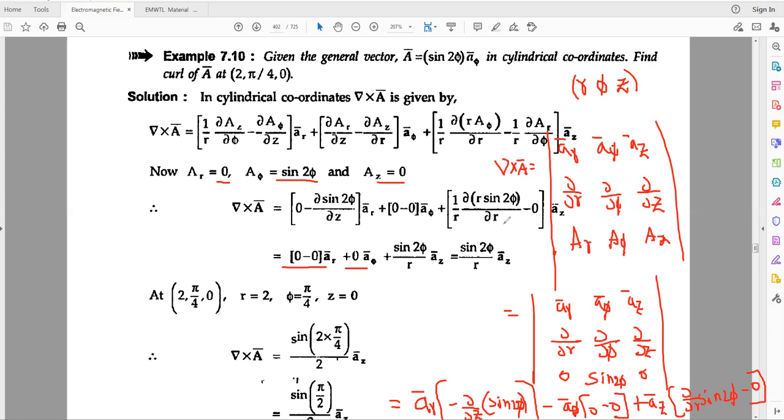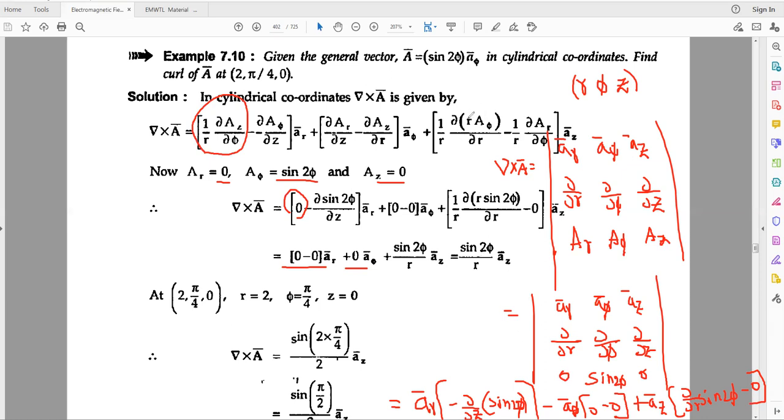Whenever it is del cross A bar in the cylindrical coordinate system, the 1 by R is the multiplication factor. For the first component, because it is 0, it does not appear. And here it is 1 by R into dou R into A phi bar.